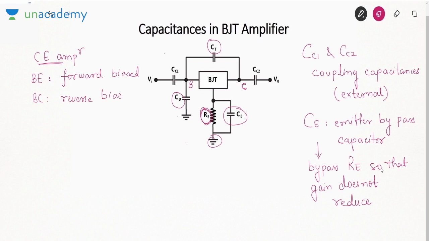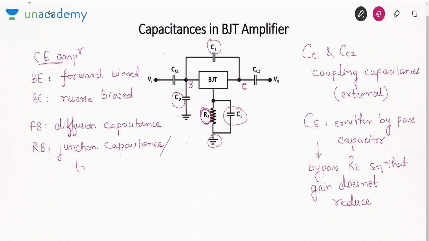Now in a diode, I told you about two capacitances. In forward biasing, we talk about diffusion capacitance, and in reverse bias we talk about junction capacitance. So for the collector base junction, this junction capacitance is also named the transition capacitance.